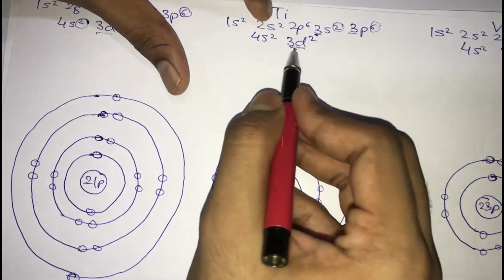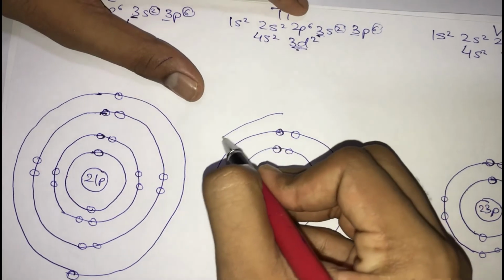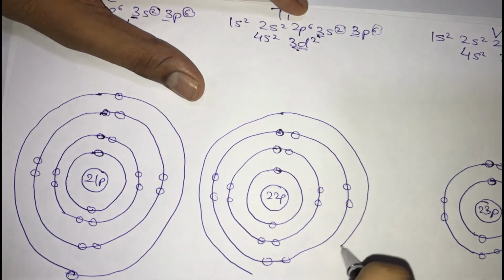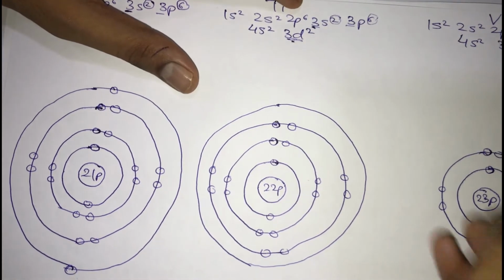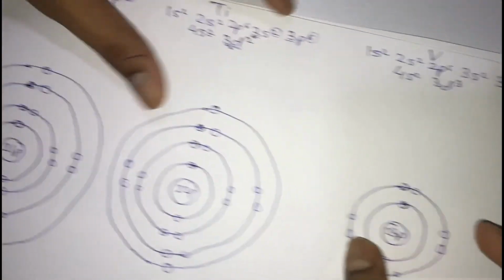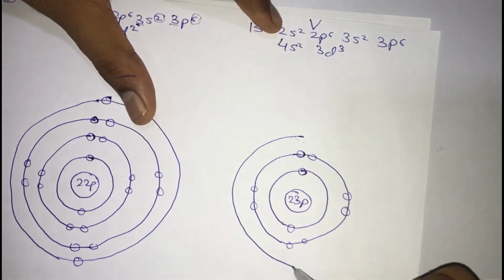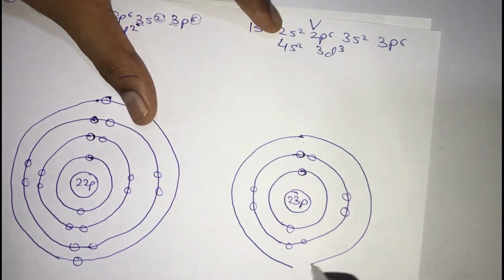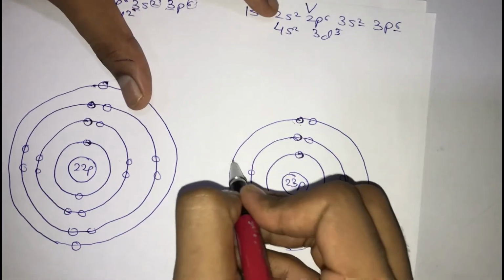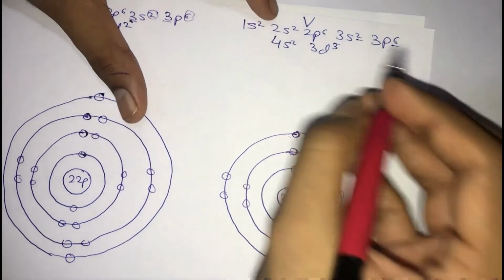And inside the fourth energy level there are 2 electrons. Similarly over here in vanadium, in the third energy level we have 2 plus 6, 8 electrons. Then in the fourth energy level there are again 2 electrons present.